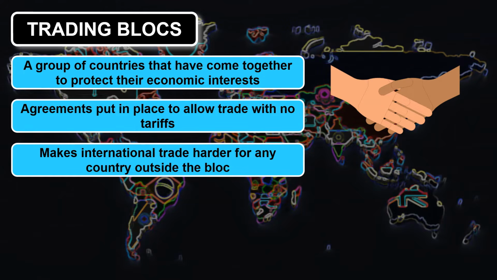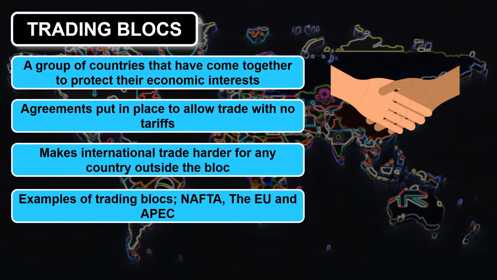Therefore, a trading bloc is a barrier to true international trade, as it makes the free movement of goods and services much more difficult. Examples of trading blocs are NAFTA, the EU, and APEC. Each of these has its own set of rules that benefits only those that are part of that bloc, and this is what hinders global trade.